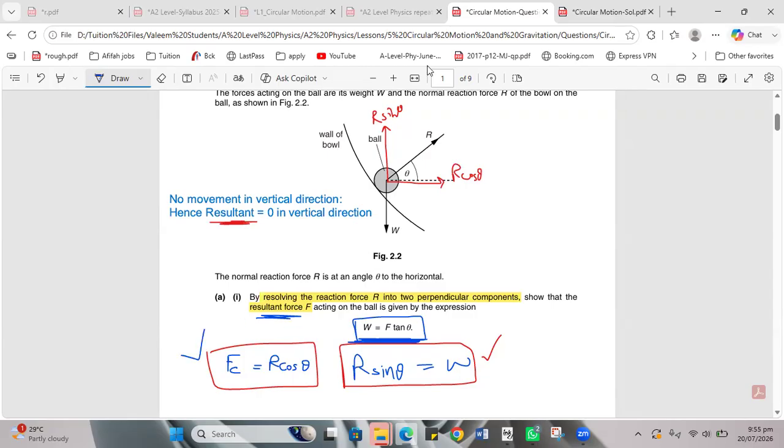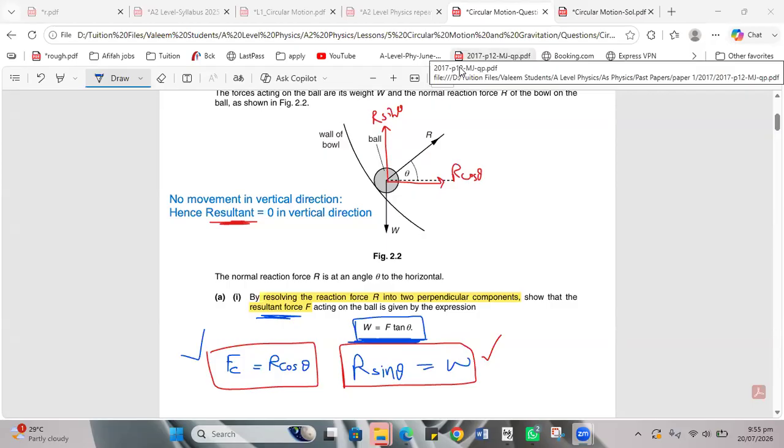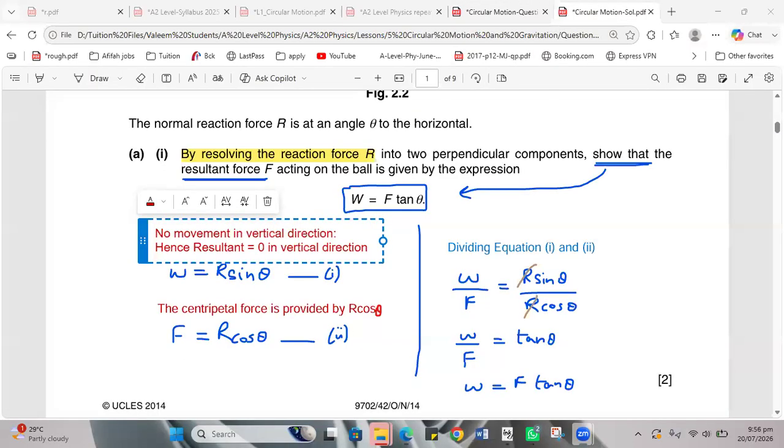Yes, miss. All right. If you are able to get these two equations, you're pretty much done. The next step is just maths. Do you remember the trigonometric formula, sine upon cos is tan? We just do R sine theta upon R cos theta equals weight upon force.